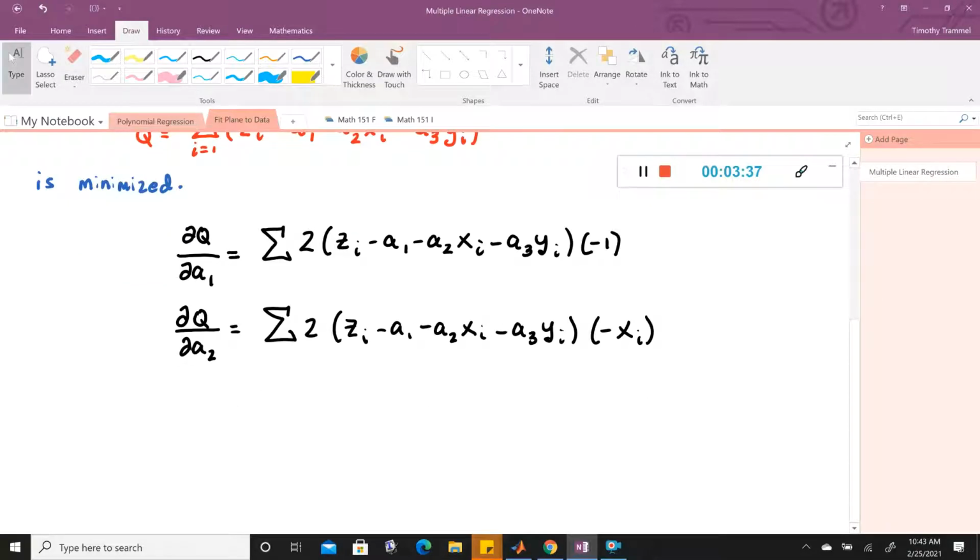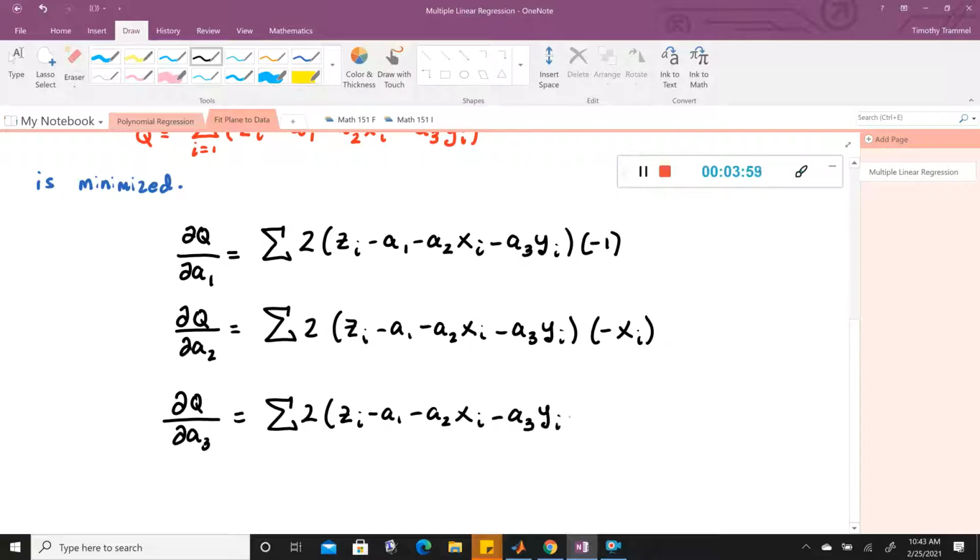And one more partial. We're going to take our partial of Q with respect to A3. This is 2 times all that same stuff. But when we apply the chain rule here, we're going to need times a minus y sub i.